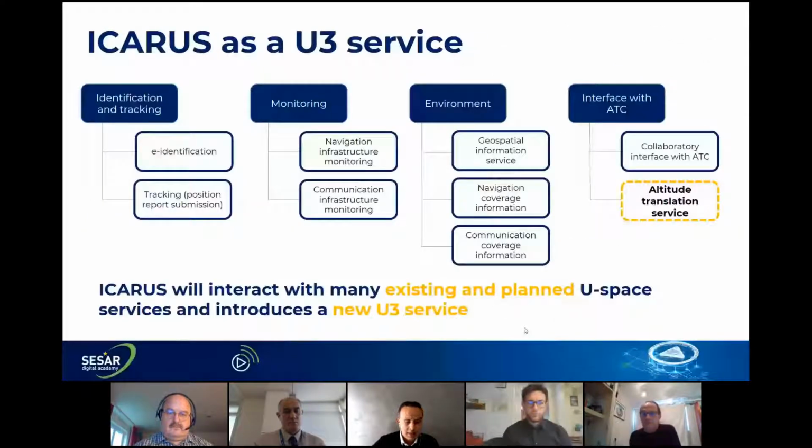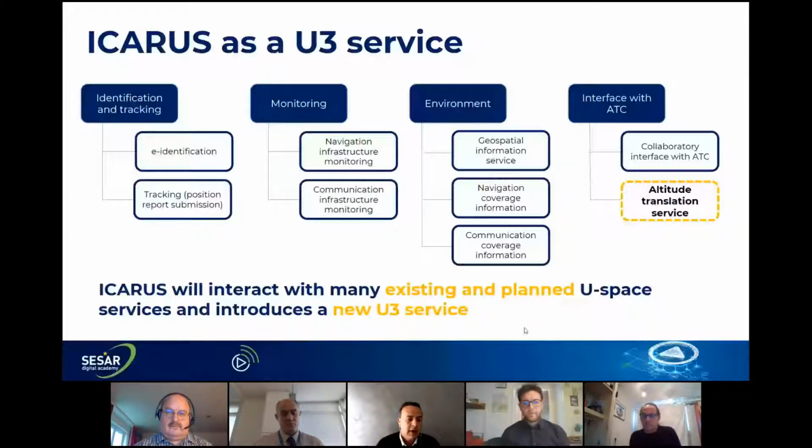In this slide, we have proposed a placement for the Icarus service, a U3 U-space service that you can see in yellow on the right side of the slide, the altitude translation service.